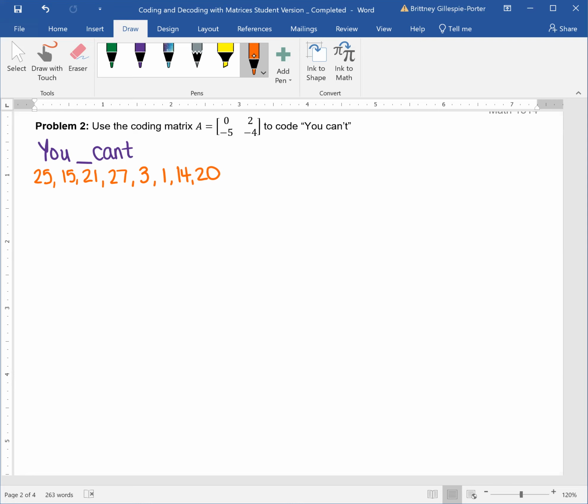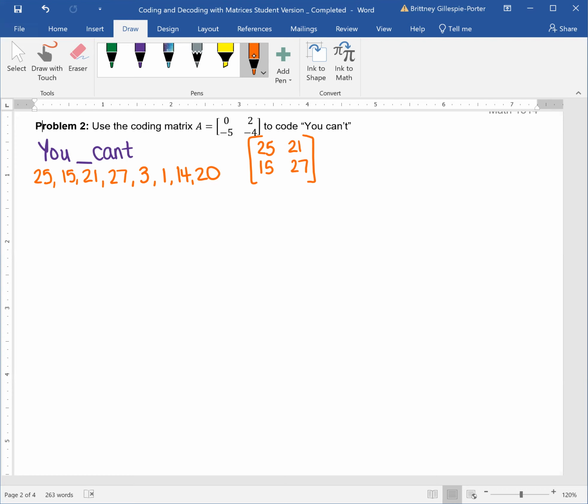Okay, so let's make our message matrix and we'll see how many we have because we want 2x2s. So starting in the top left, I would have 25, 15 below it, 21, 27. Close it out because it's a 2x2.